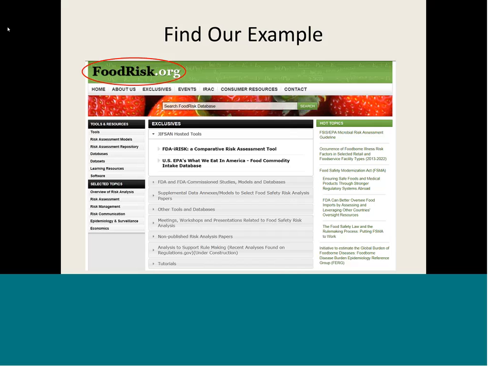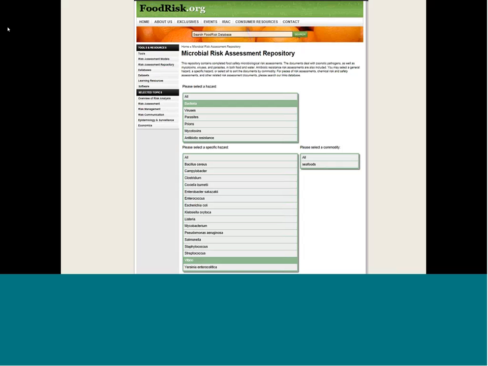So you might jot that down if you're going to be interested in having a look at the model. And then you would go to the Risk Assessment repository. Once you click on this, you will see a great many different risk assessments available to you, and we're looking at microbial risk assessments. So you notice that Vibrio is highlighted at the bottom of your screen.